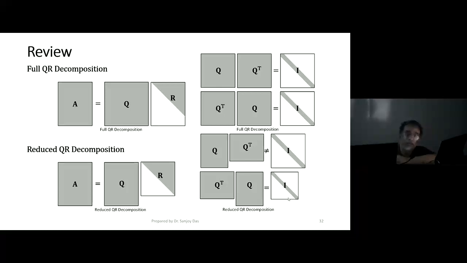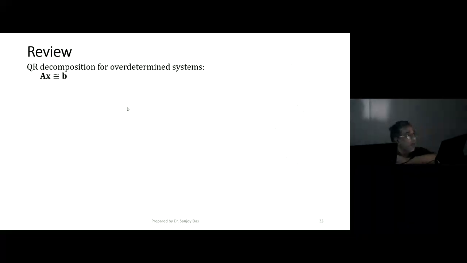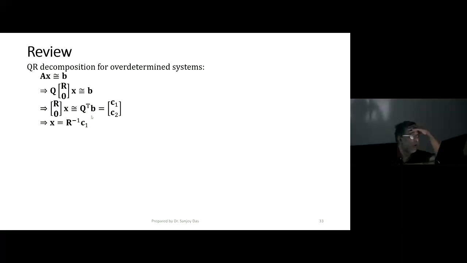This is the smaller identity matrix. And for over-determined systems, we saw that if we use full QR decomposition and pre-multiply both sides with Q transpose, we get Rx equals C1, which is what we have to solve for. And that yields the same as the least squares solution or the min norm solution.